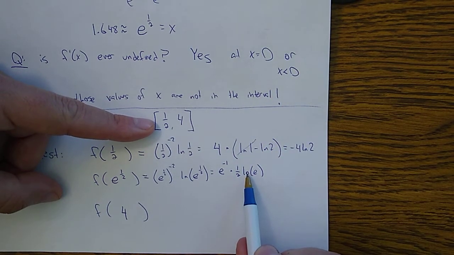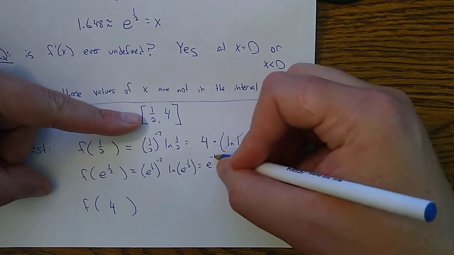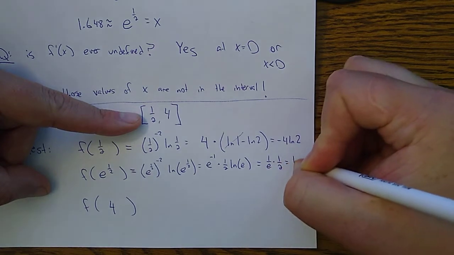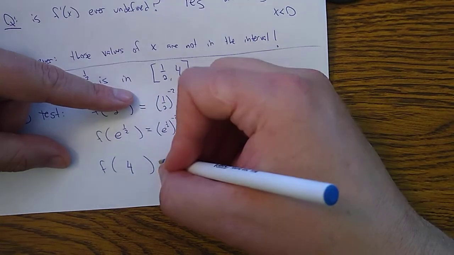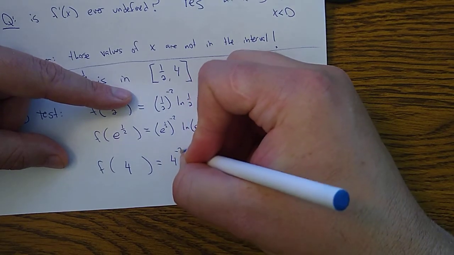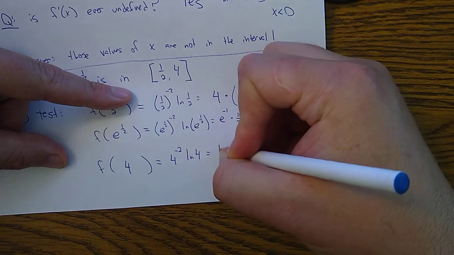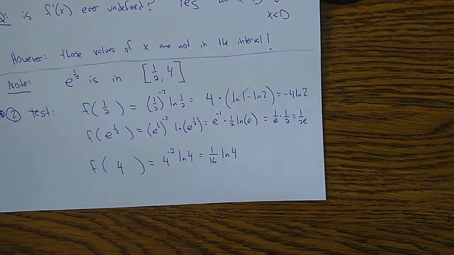The natural log of e is 1. E to the -1 is 1 over e. So I get 1 over 2e here. f of 4 is 4 to the -2, natural log 4. So that's 1/16 natural log 4.